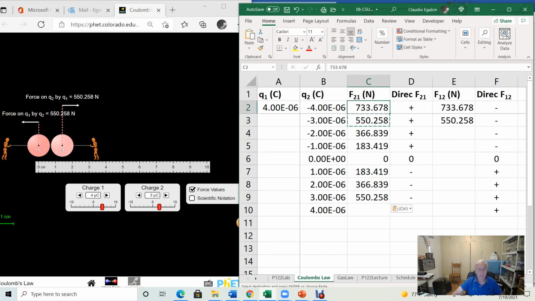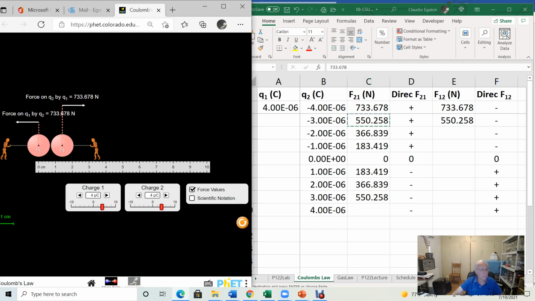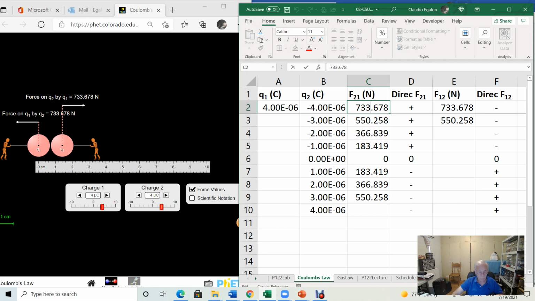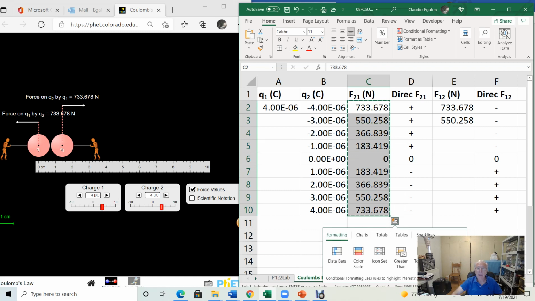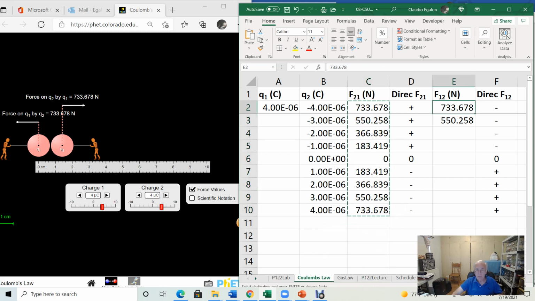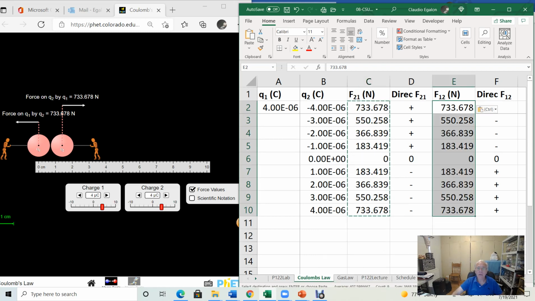And the next one should be 733. 733. The force on charge 1 by charge 2 should be the same. It's just the direction that's opposite.